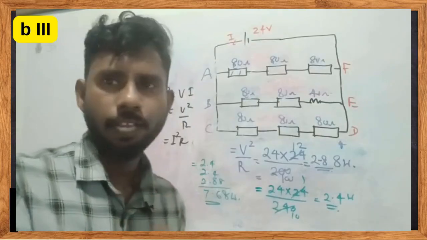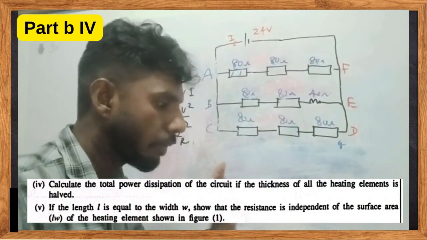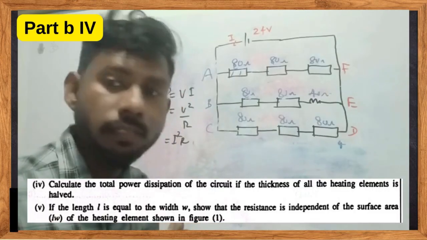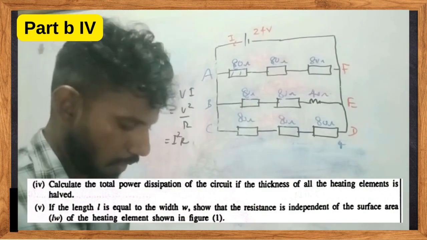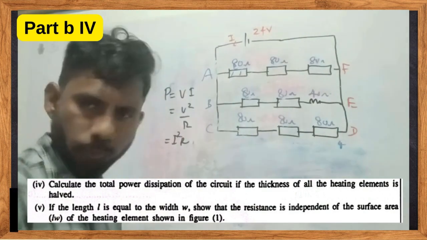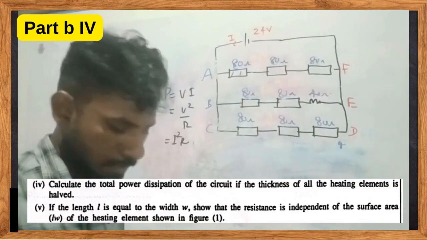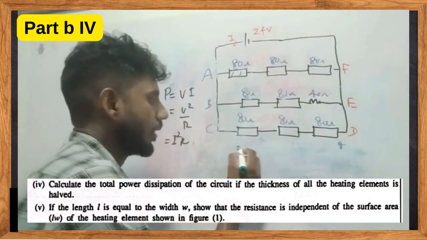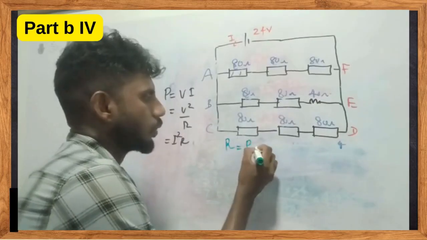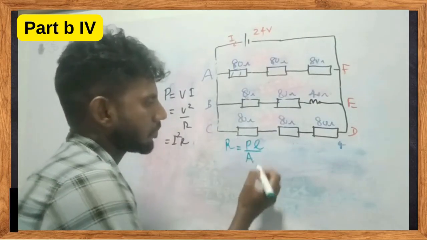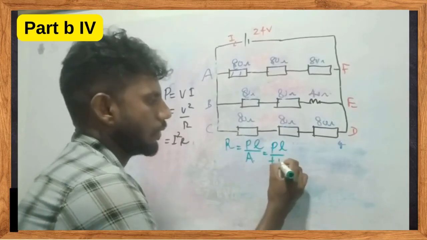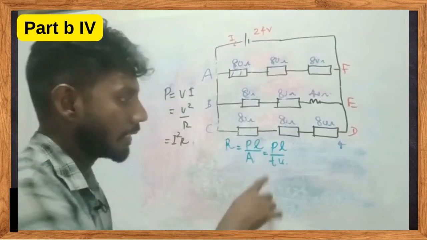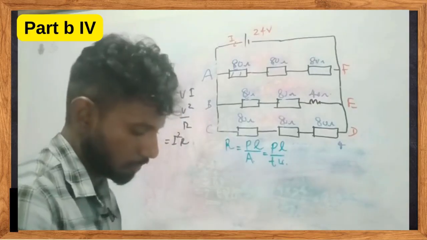Moving into the next part. Calculate the total power dissipation of the circuit if the thickness of the heating element is halved, right? Here it's tricky. You don't have to do all the calculations, students. So what basically they are telling is resistance R equals rho L over A. And earlier we wrote the equation, A is T into W. So they are going to make this T as half.